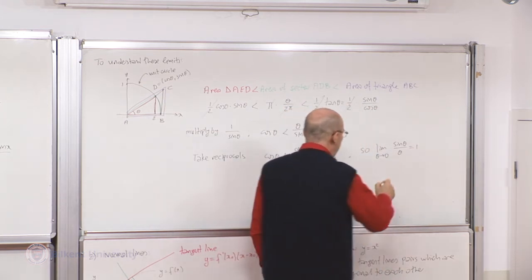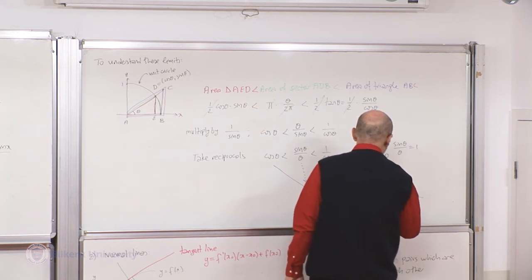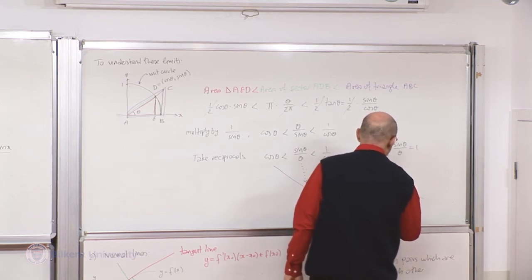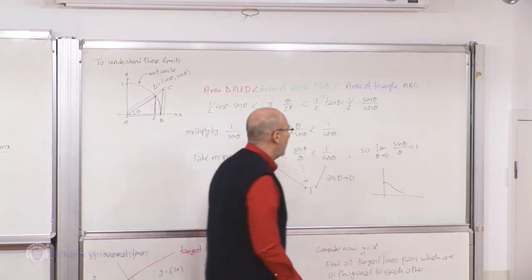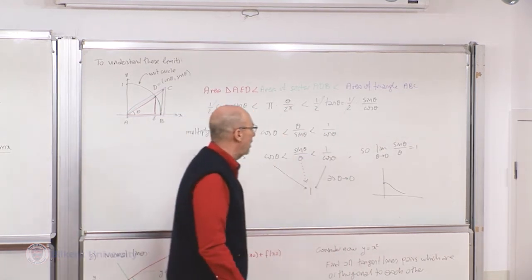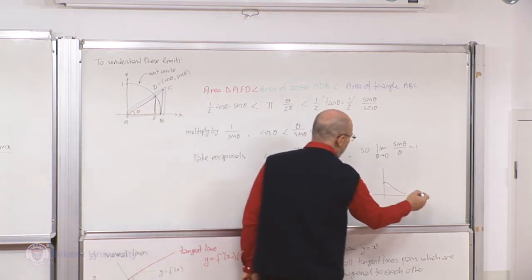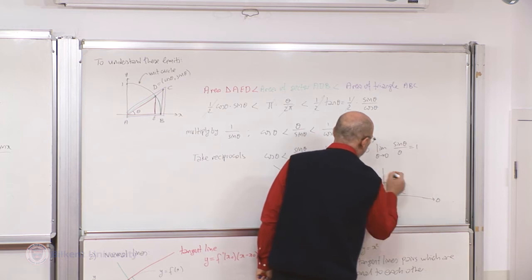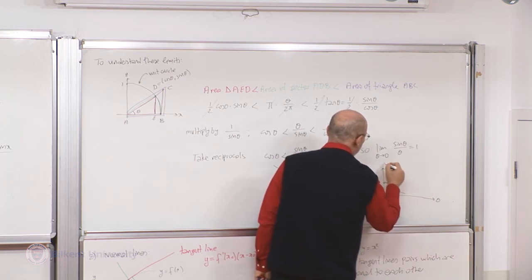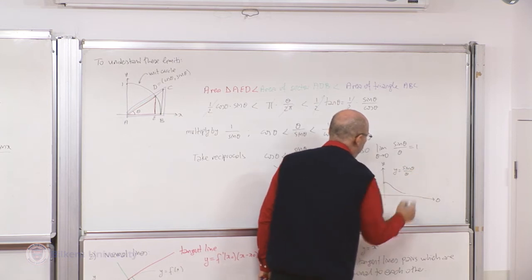Actually, if you draw the graph of this, you will see something like this. Here is 1, and then it goes down like this. It will probably oscillate because sine theta becomes negative, but this is close to 0. This is y equals sine theta over theta.